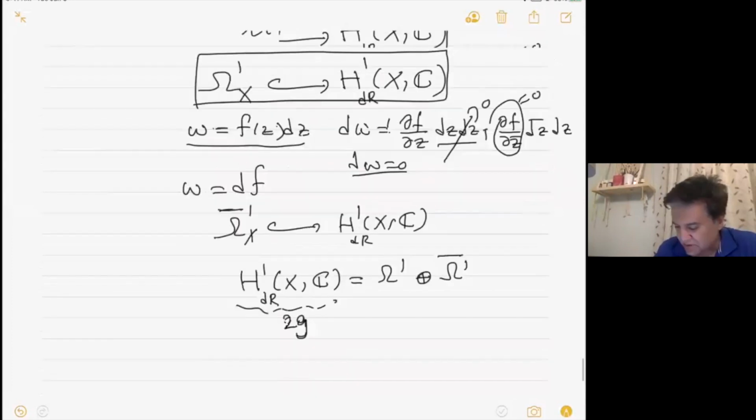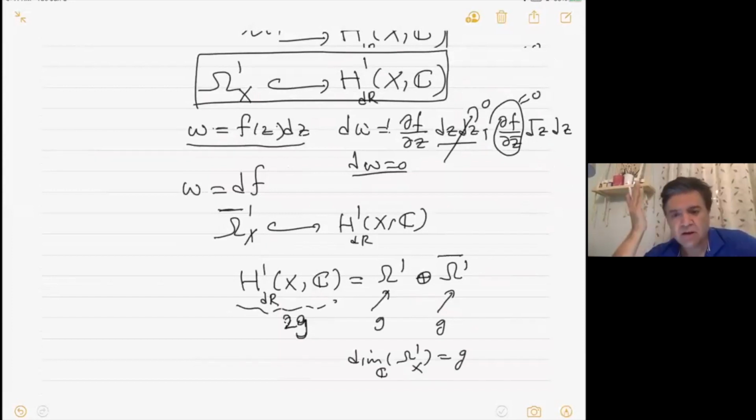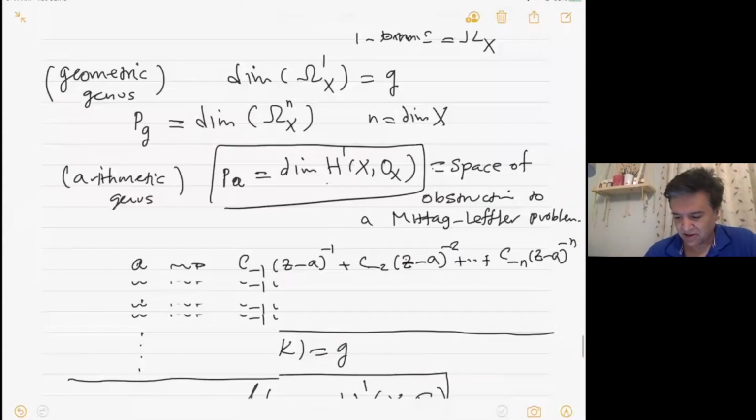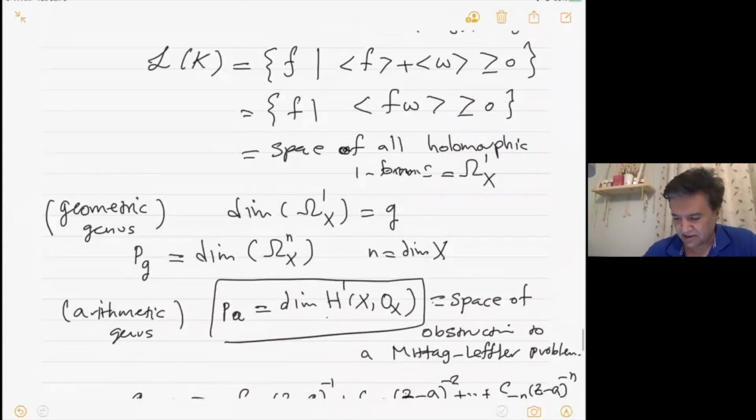And the two of them must be g-dimensional. So that implies that the dimension of omega 1 is g. Why? Because they're isomorphic. Of course, complex conjugation is an isomorphism between these two spaces. Okay, so that's one part of what we already knew from the Riemann-Roch theorem.